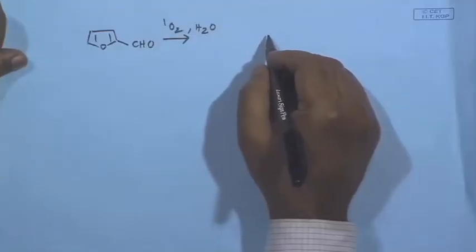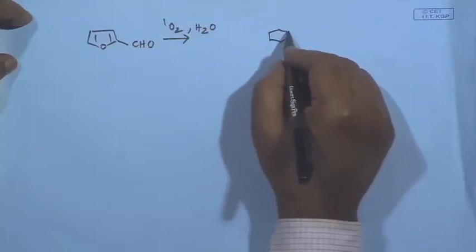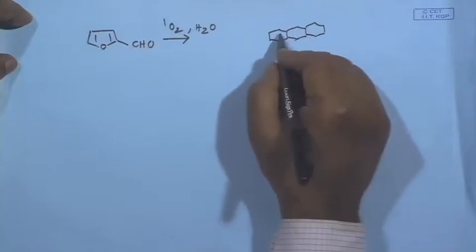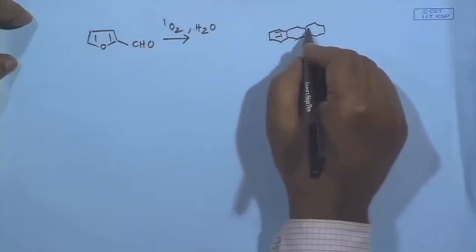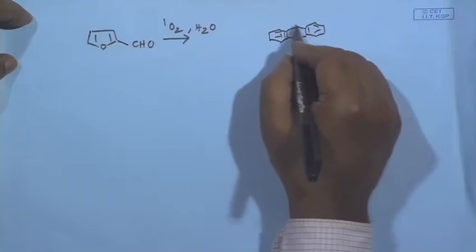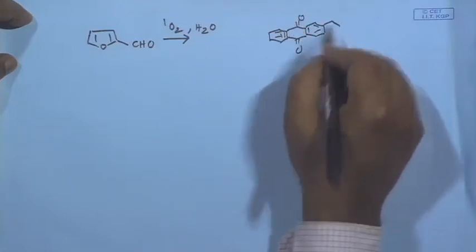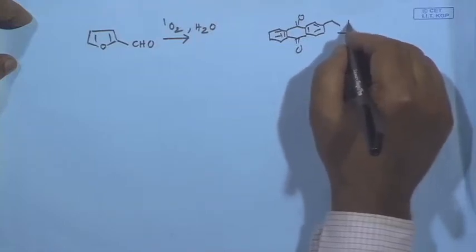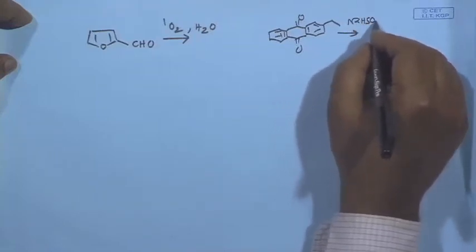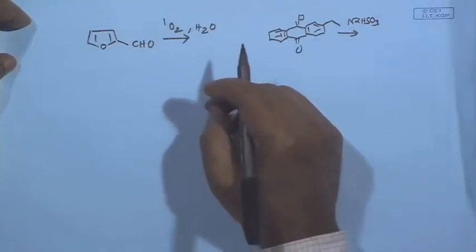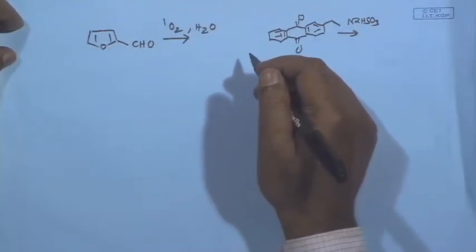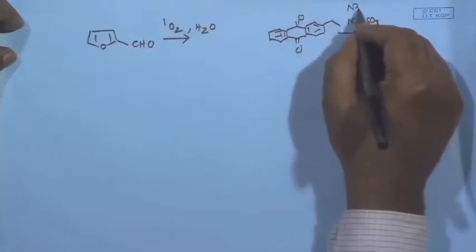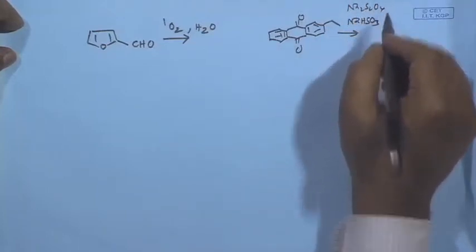Okay. Very quickly, that is an example of a Diels-Alder reaction of singlet oxygen. You are very right. I think I taught this in the last year also. So, this is this. Then you have to have a reducing agent. Normally it is sodium bisulfite or sodium dithionite. Sodium dithionite means Na2S2O4.